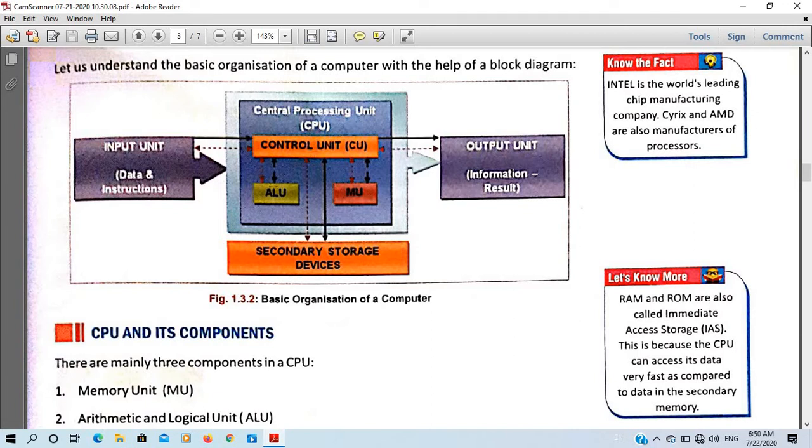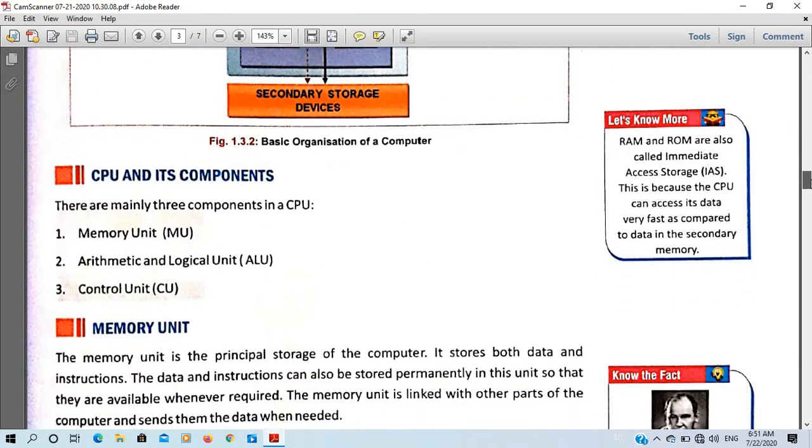Okay, and the arithmetic logic unit is doing arithmetic and logical operations, and the memory unit is helping in keeping the data in the storage device, and the control unit is controlling all the input, storage and output units. So the control unit is the head of the CPU. Okay, we can say, and then the output unit is also getting some output from this control unit.